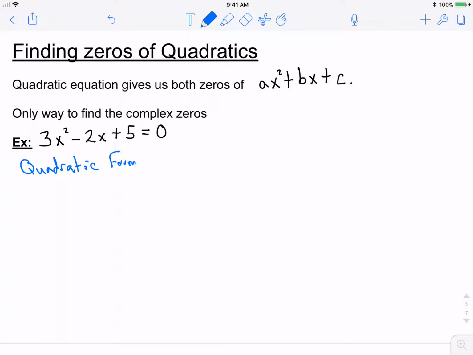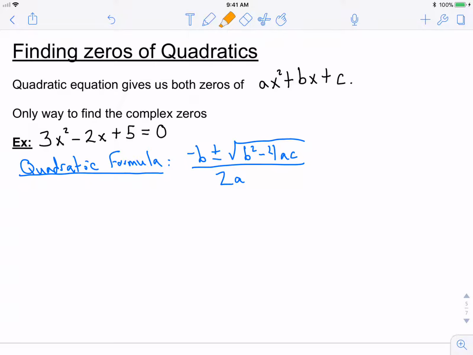So remember, the quadratic formula is negative b plus or minus the square root of b² minus 4ac, all over 2a. And sometimes this square root part can be negative.